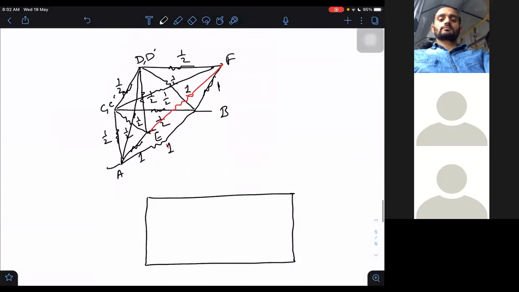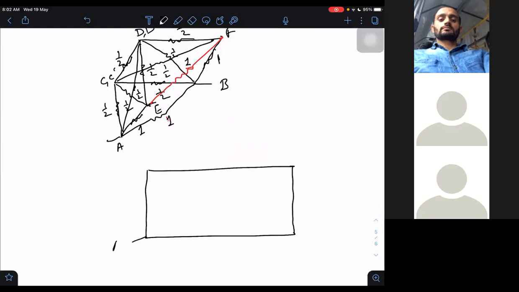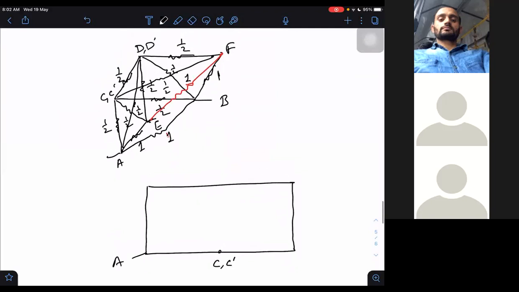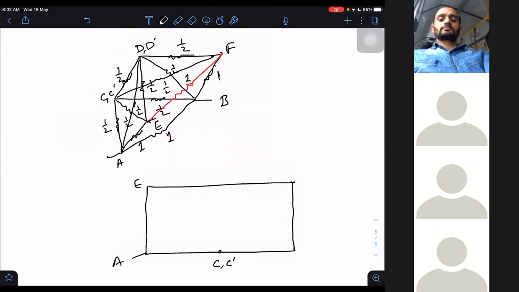1 and 1. Start from A and then go to C, C dash, and other side you go to E, and other side you go to F here, and this is B, and above this bring C, D, D dash. Now let me tell you what is the situation between E and C, C dash.